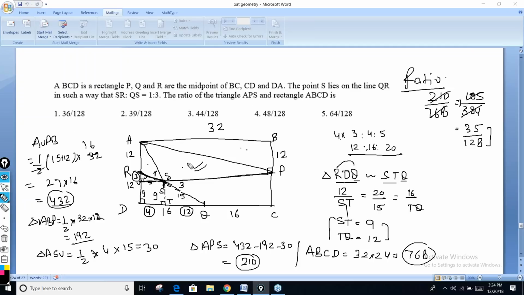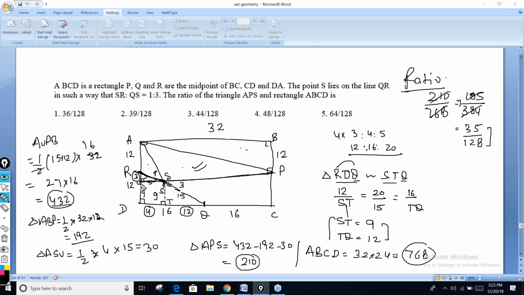Okay, might be I am missing something in this question. This is 3, till now it looks okay to me. I have taken this triangle as TQ. This was 90, so this was 9, and TQ was 12. So this is 12, so this comes out to be 4. This was 12, so this is 4. This is 9.